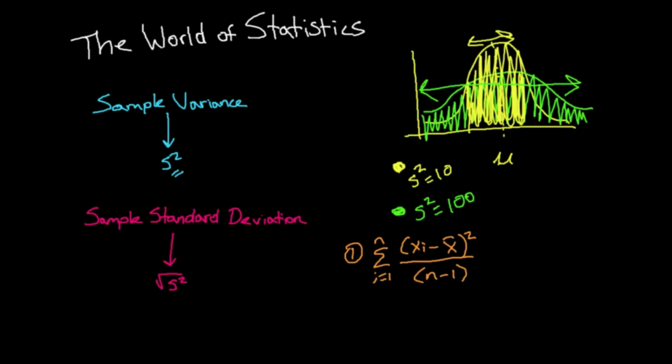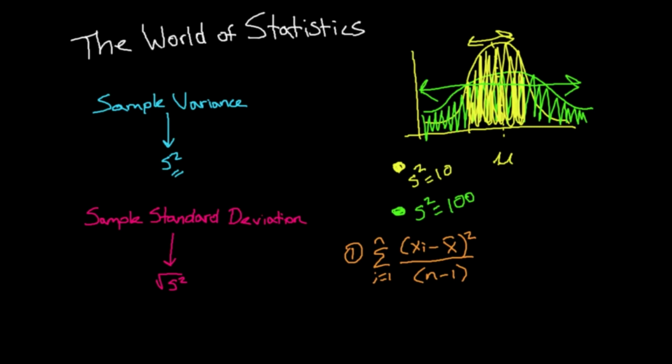Just to recap, as our observations go from 1 to n, we take each observation, subtract the sample mean, and square that value. We add this up until we reach our n value. Once we reach the total sum of those values, we divide by n minus 1.